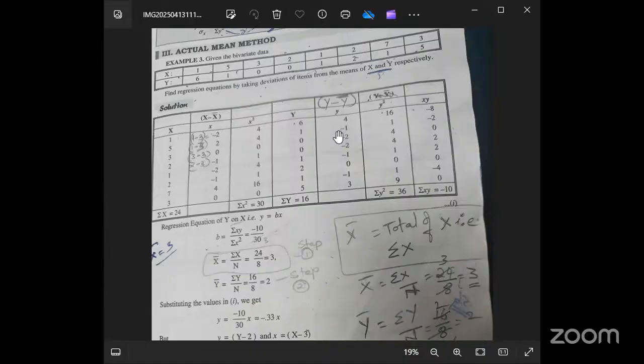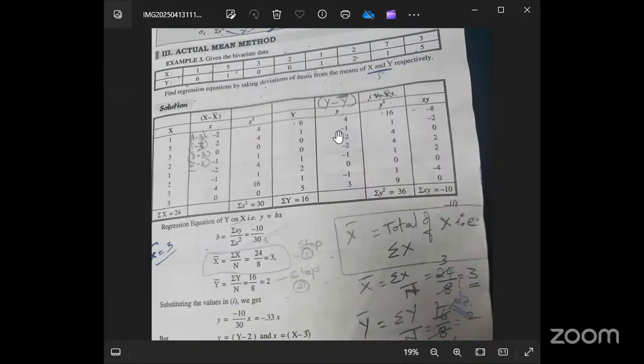Now the next step: squaring the small x values and squaring the small y values, so that we get x square and y square. So you see x square: 2 square 4, 2 square 4, 0, 0, 1, 2 square 4, 1, 4 square 16, 0. Now make the total. Sigma x square equals 30.